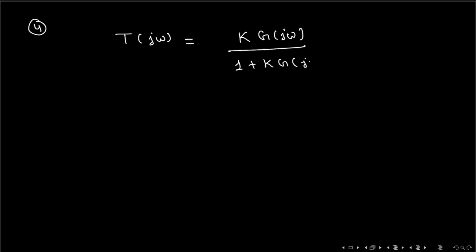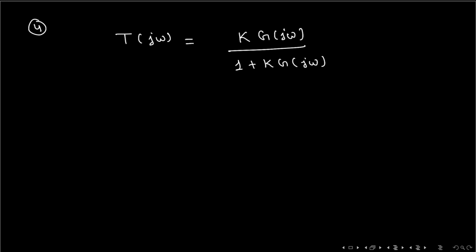The fourth statement is that the closed loop frequency response for a unity feedback system cannot be obtained from the Nyquist plot. So we know that the closed loop frequency response for a unity feedback system can be given as this divided by 1 plus k g j omega.